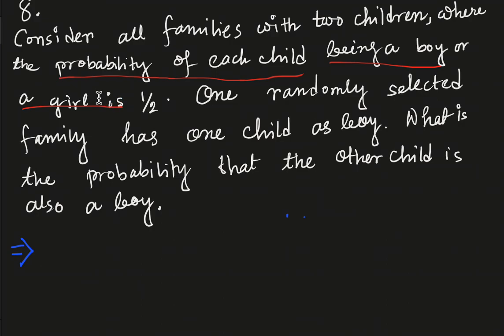So I thought that the probability of a single child being a boy or girl is the same whatever the other child is, so the probability should be half. So the probability that if one child is a boy, the other child is also a boy is half. There is no other thing.